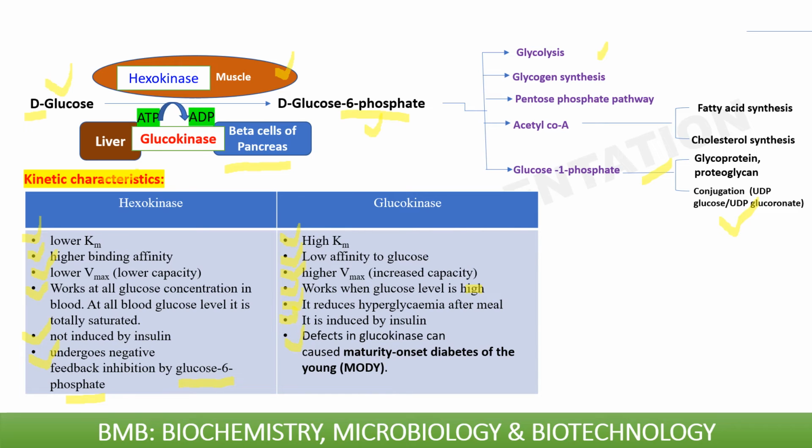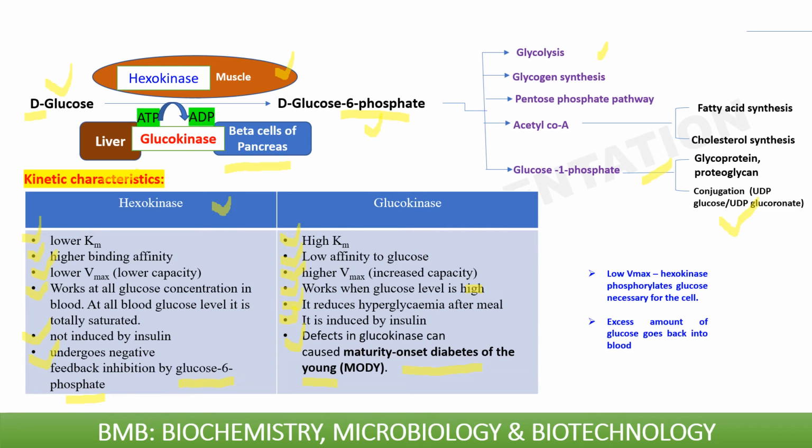Defects in glucokinase can cause maturity onset diabetes of the young, whereas we have not found any diabetic condition by the mutation of hexokinase enzyme.